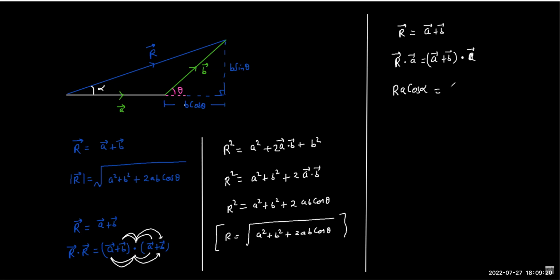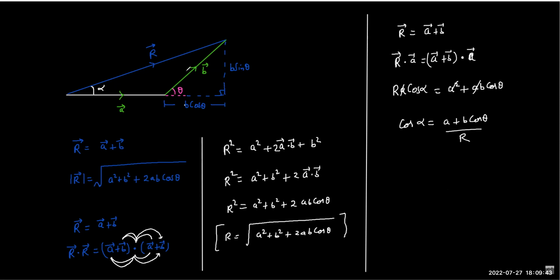A square. And then B dot A becomes AB cos theta. And you can clearly see one A will cancel out because that's common. And I got cos alpha is A plus B cos theta upon the magnitude of the resultant.